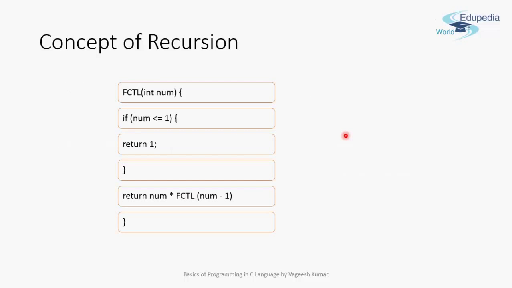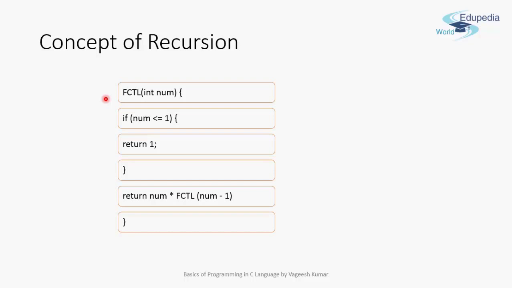So this is a function that we are using for recursion. The function is FCTL. What this function does is it will calculate the factorial of a particular number. For those who are not familiar with what factorial is, a factorial is the product of all the numbers from 1 to that particular number.